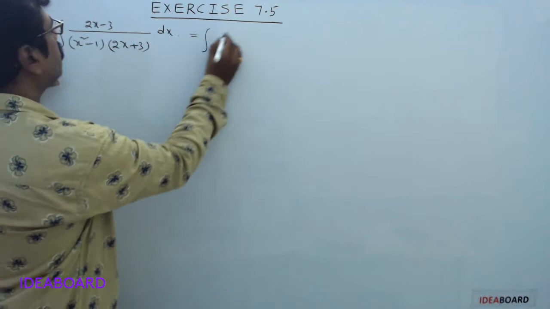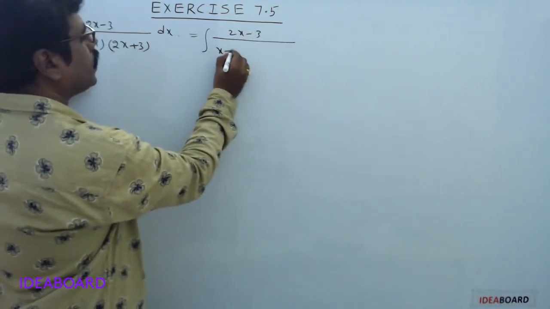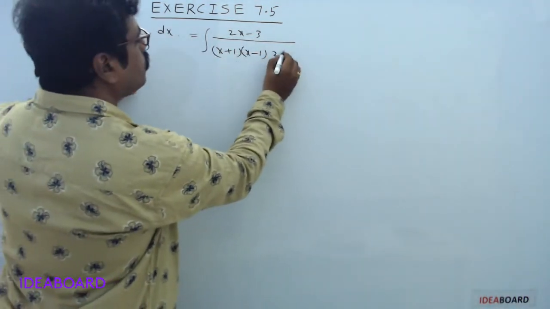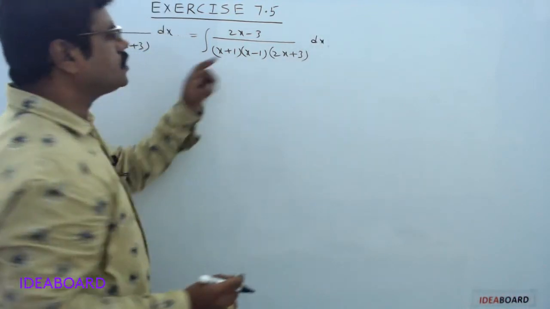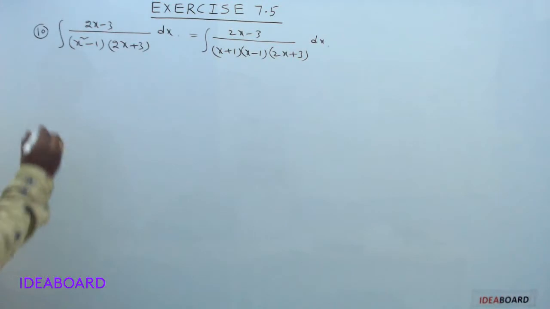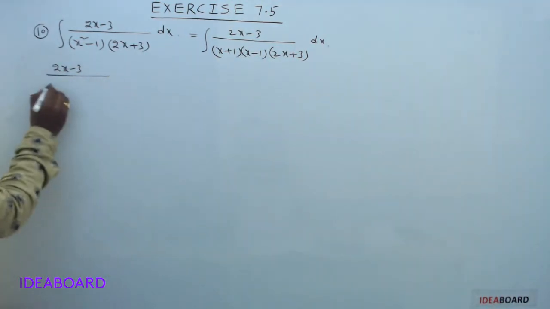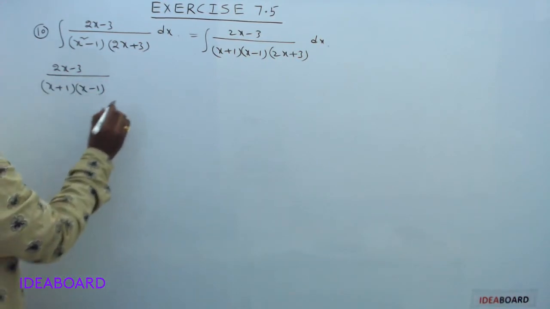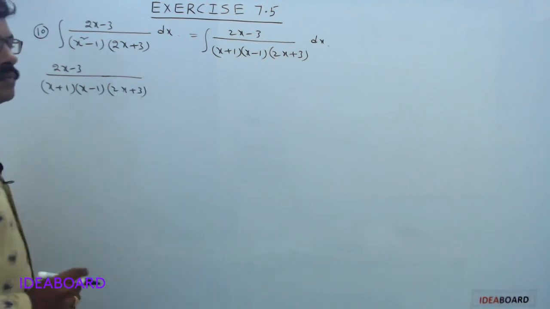So this is integral 2x minus 3 divided by x plus 1 into x minus 1 into 2x plus 3 dx. Now this is your given problem. Now take this integrand separately: 2x minus 3 divided by x plus 1 into x minus 1 into 2x plus 3.